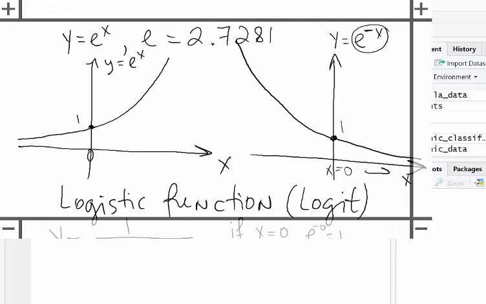If x goes to plus infinity, then e to the power minus x becomes closer and closer to 0. It practically glides over the horizontal axis.